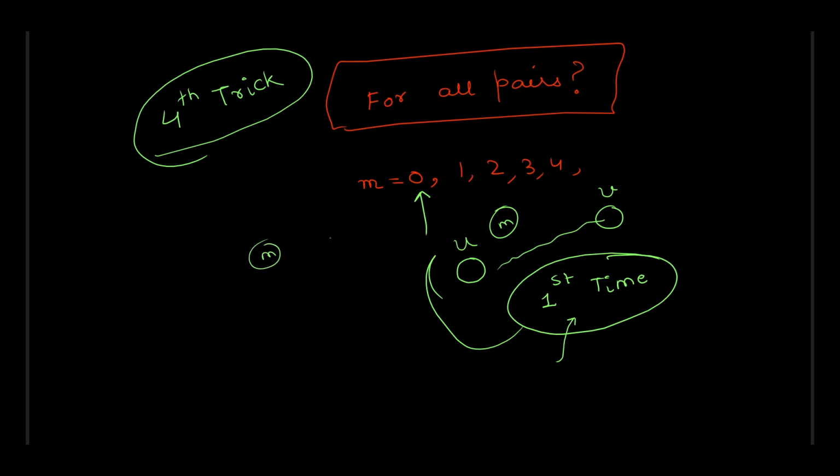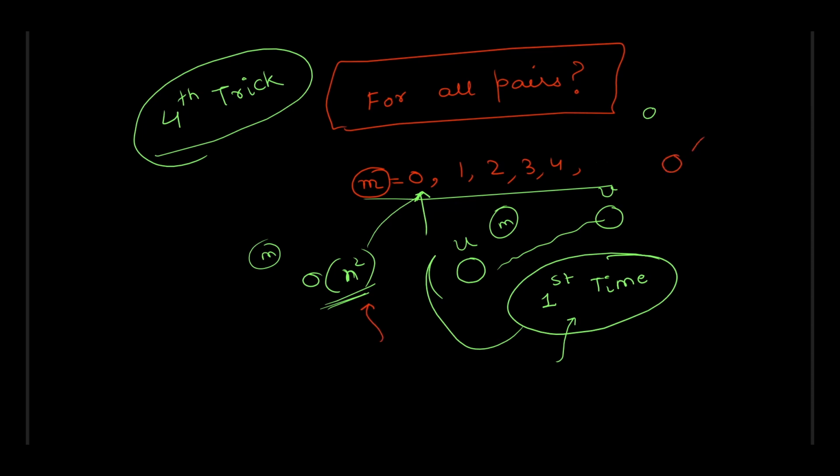And if you check all the O of n square pairs, whether they are being connected for the first time or not for each m, then eventually every pair will be connected at least once, or if they are not connected, it means that they are part of different connected components. That's fine as well. So the first time they get connected, their max is equal to the m that you just encountered. So you can do updates of multiple pairs all at the same time.